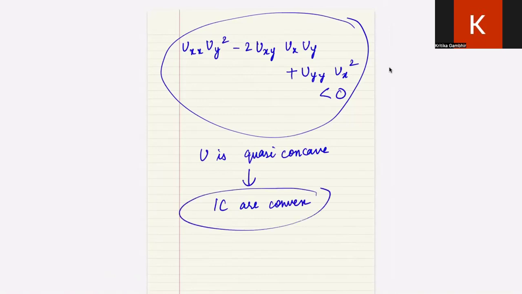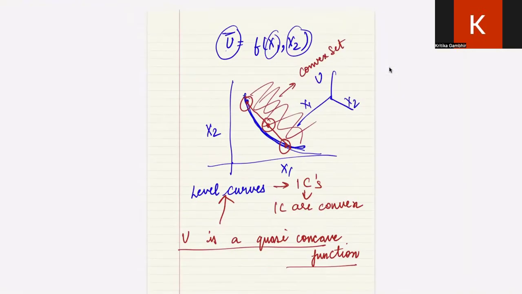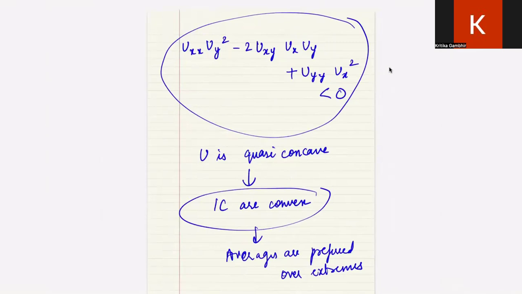And these ICs that are shaped convex is on the assumption that averages are preferred over extremes. Why? Because when we drew the upper contour set, what we saw was that your average was lying in the upper contour set. That is why we call this a convex set. This is all maths. So that is why ICs are convex to the origin.